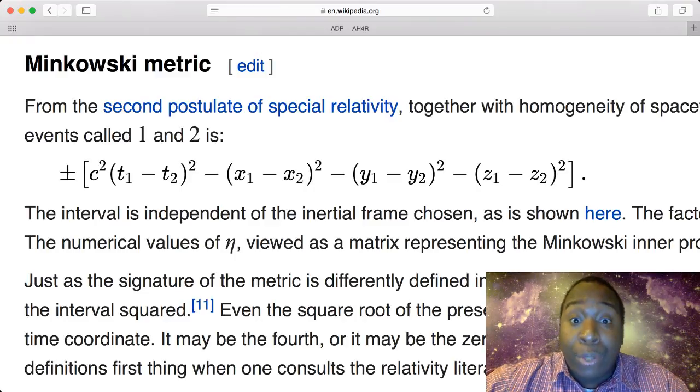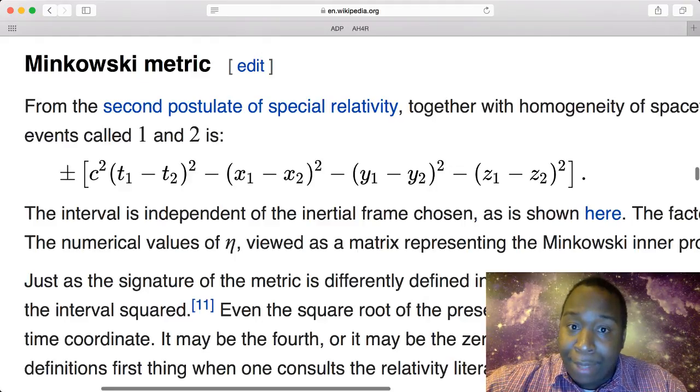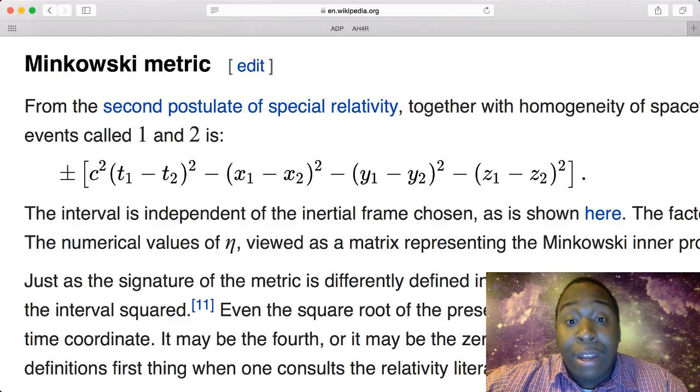if you were to consider two events that happen within this space-time, that event, of course, could have a time stamp to it, so it can occur at some time, and it could occur at a particular position also.